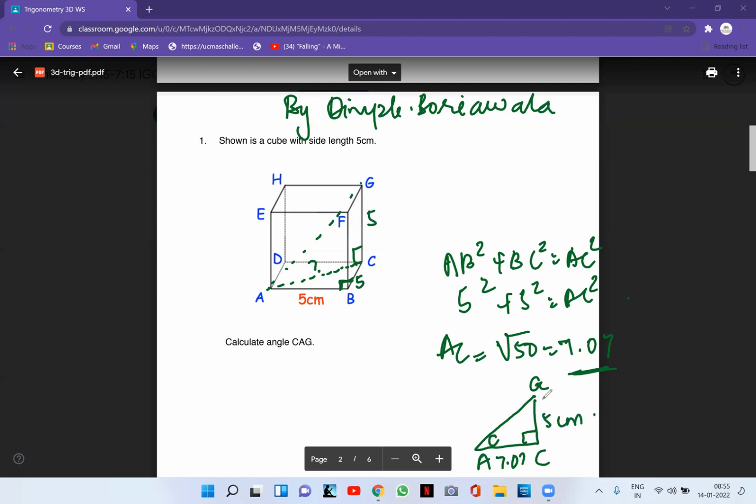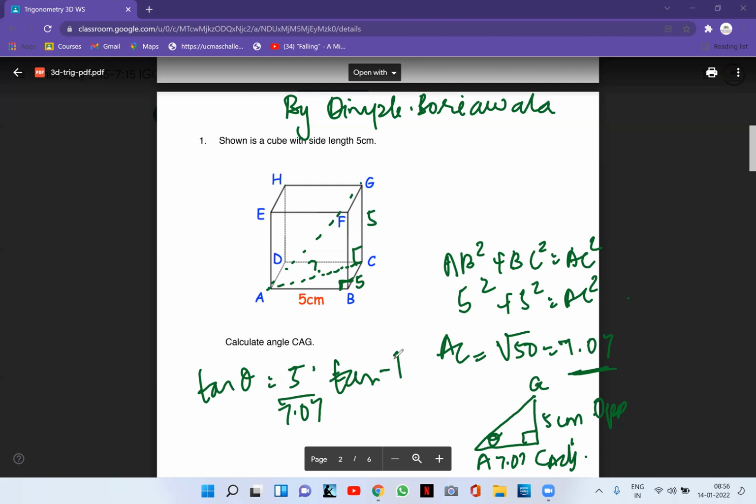I have to find angle CAG, so that is my theta. Opposite to theta, this is the opposite side and this is adjacent. Opposite over adjacent is whose formula? It is tan theta's formula. So tan theta is equal to opposite over adjacent. We want to find theta, so we will take tan inverse. On your calculator, when you solve it, you will get the answer as 35.26 degrees.